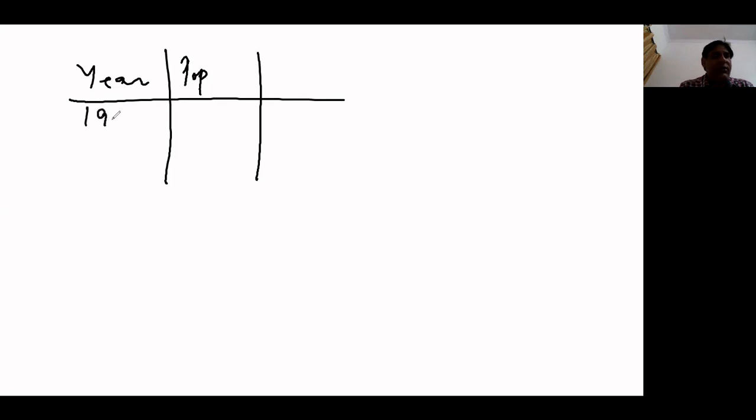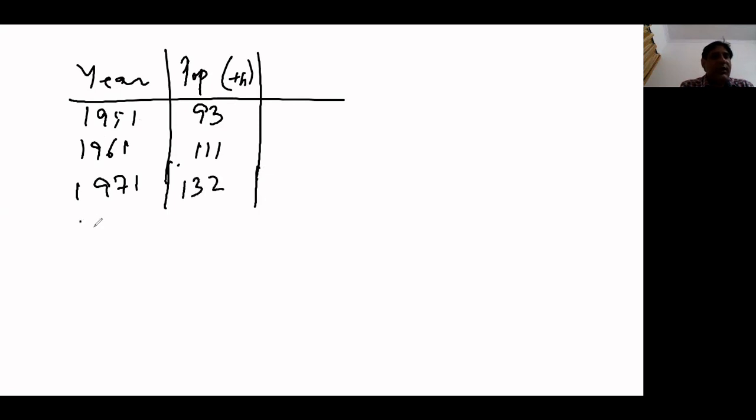Say the population in 1951 was 93. The population is in thousands, right? In 1961, the population was this. In 1971, the population was 132. And in 1981, the population was 161.